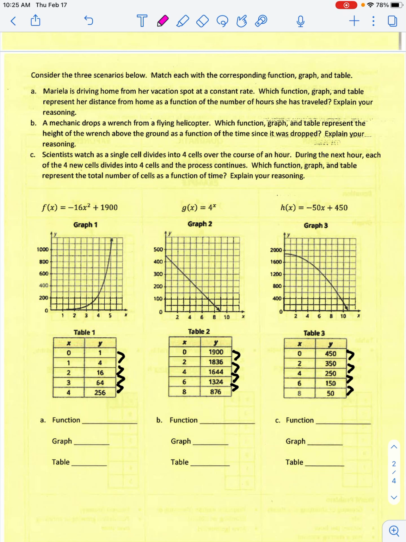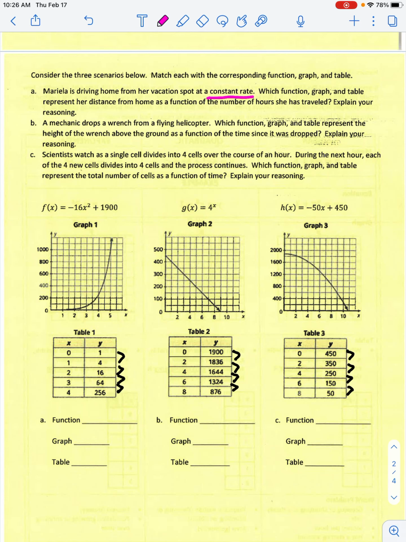Explain your reasoning. So if you're confused on which model that might represent, a couple key things. She is traveling at a constant rate, and obviously when she leaves her home, the distance that she starts at is a set value that doesn't change. So let's keep that in mind when we look at example B.